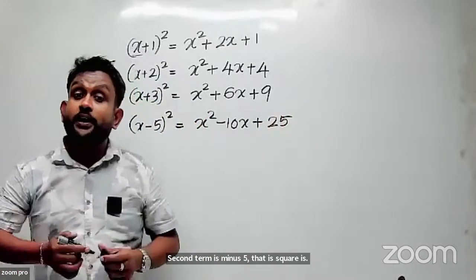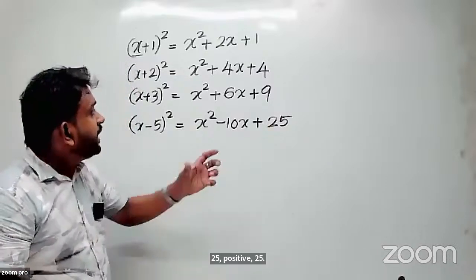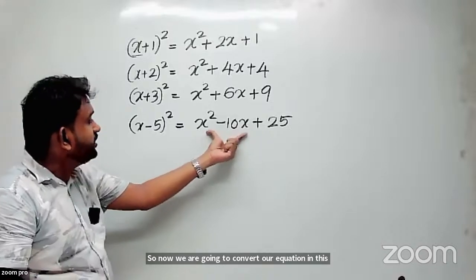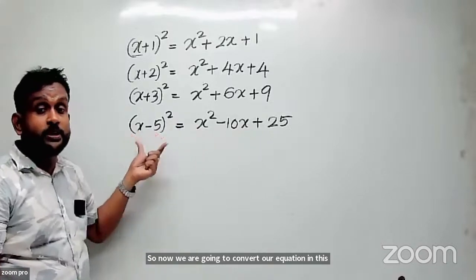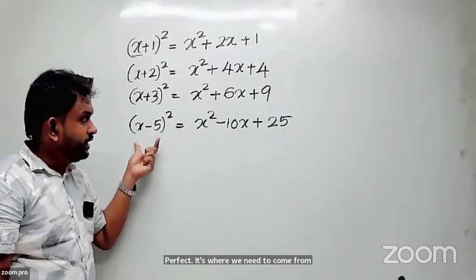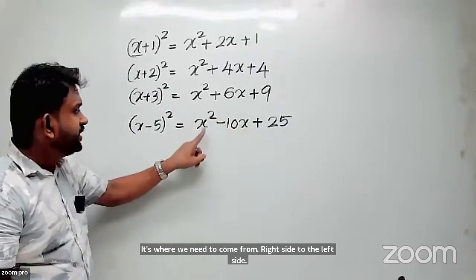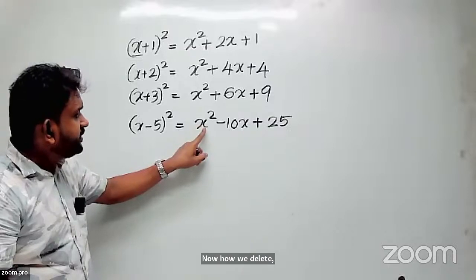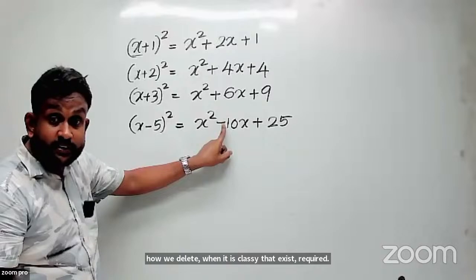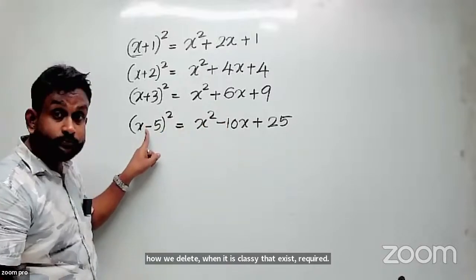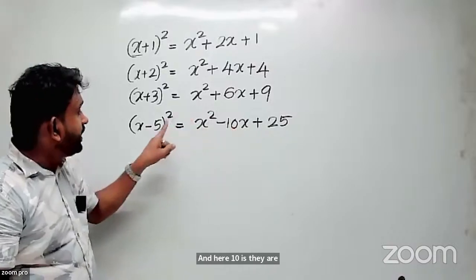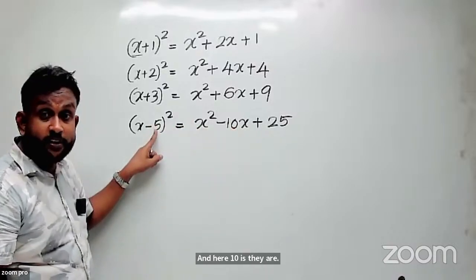So now we are going to convert our equation into this format. We have to convert this into a perfect square, coming from the right side to the left side. How do we deal with it? For a perfect square, x squared, and if there is a minus sign, then minus, and here 10 is there, then the term is half of that, 5.